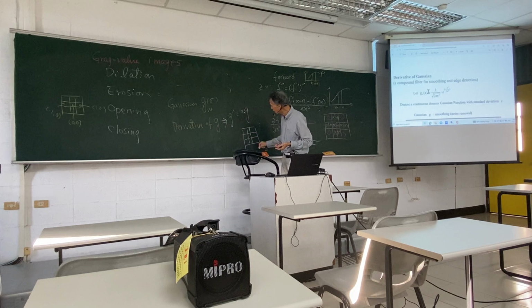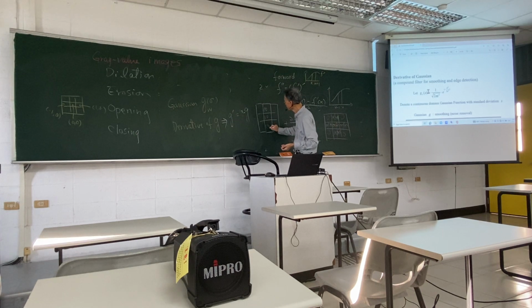So if we want to identify the vertical line, see that? All the x are 0. So everything times 0 becomes 0.